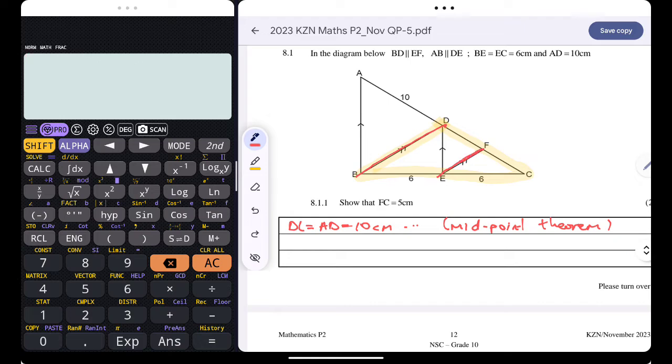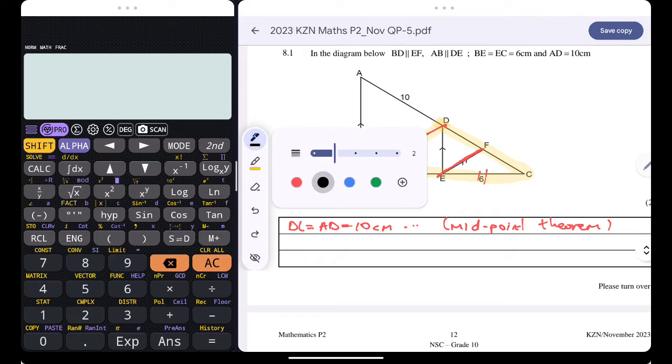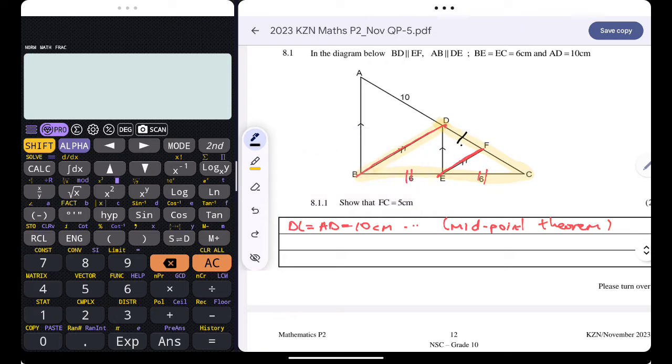So this line divides AB equally, like this. So according to the midpoint theorem, it simply means that DF and FC are also equal as well. But remember that we just calculated that DC is equal to 10 centimeters. So this simply means that DF is 5 centimeters, and then FC is also 5 centimeters.